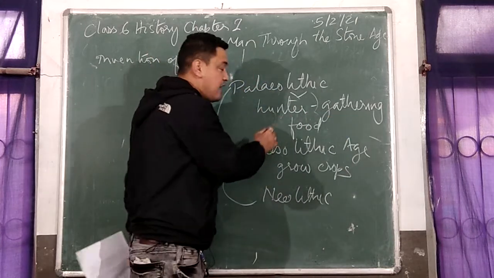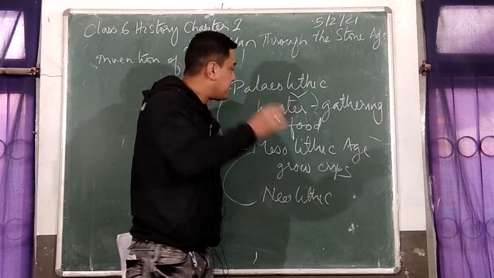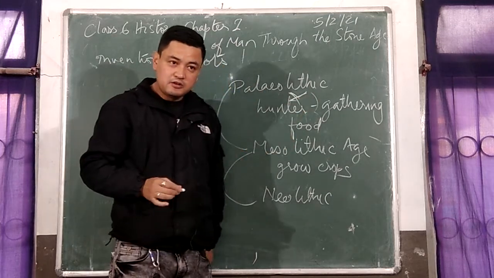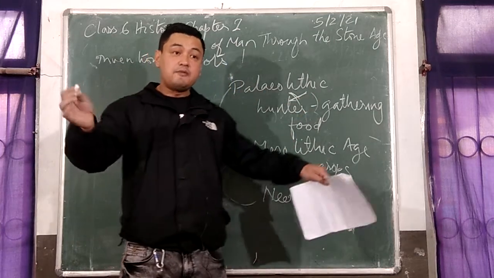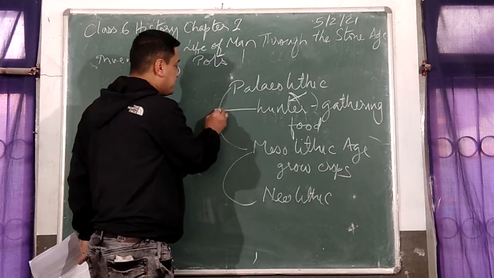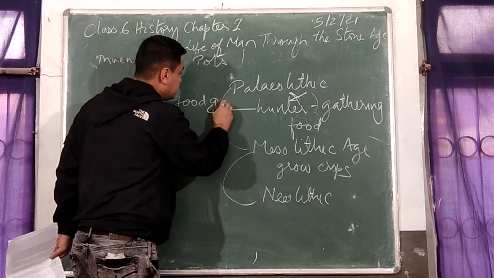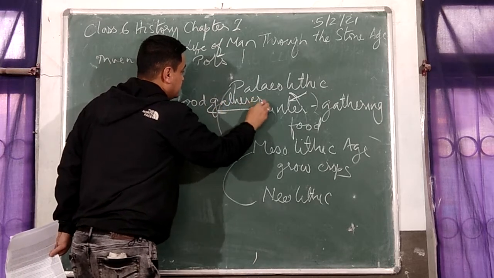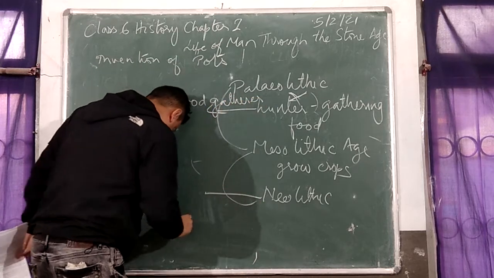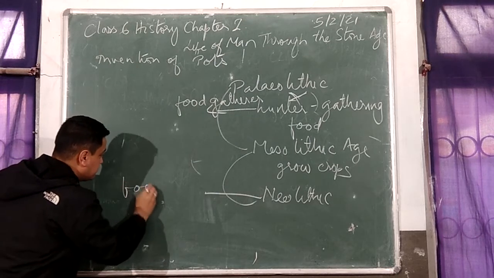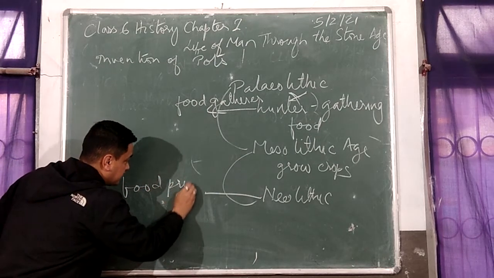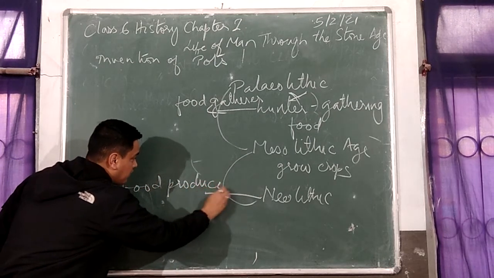So they did not have to depend on hunting and gathering food in the Neolithic age. So they became food producers. Here they were food gatherers, but here they became food producers because they can produce food, they can create food. Okay, how did they produce food?